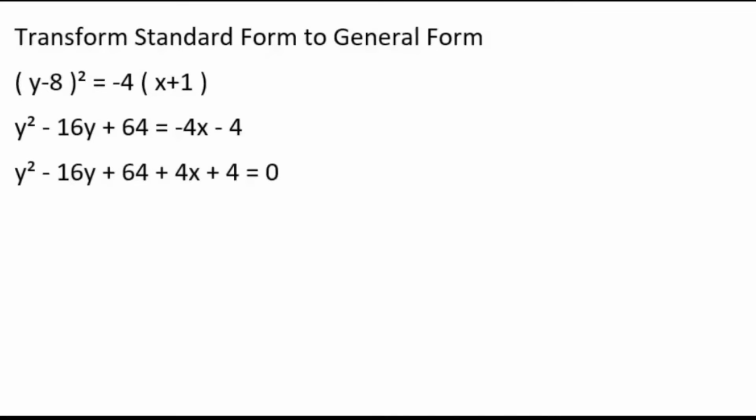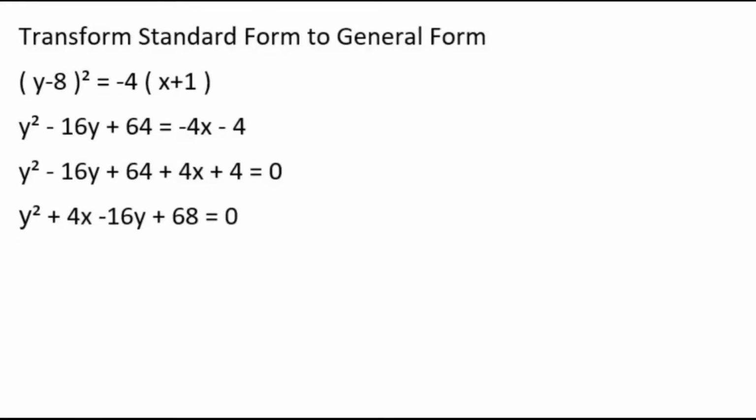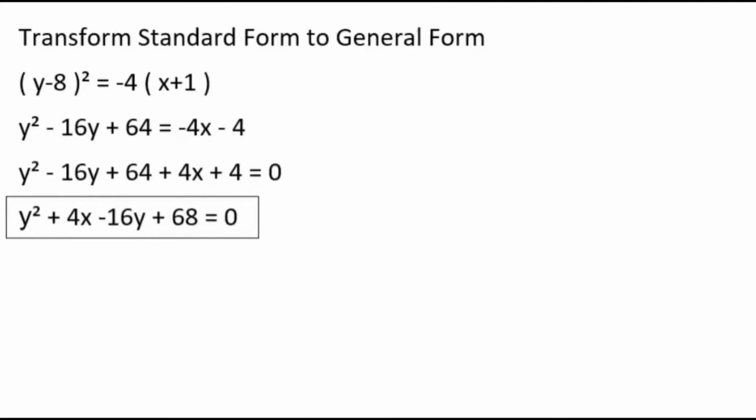So it will become y squared minus 16y plus 64 plus 4x plus 4 equals 0. So we're going to rearrange and combine like terms. So it will become y squared plus 4x minus 16y plus 68 equals 0. So our general form is y squared plus 4x minus 16y plus 68 equals 0.